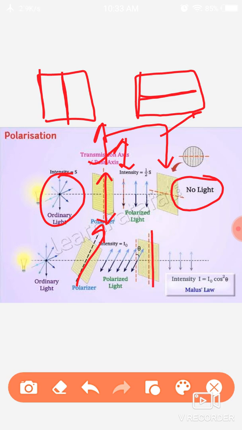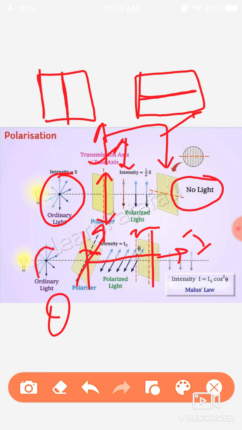Then the light passes through after the analyzer. Suppose the intensity arriving here is I, and our initial ordinary light has intensity I0.